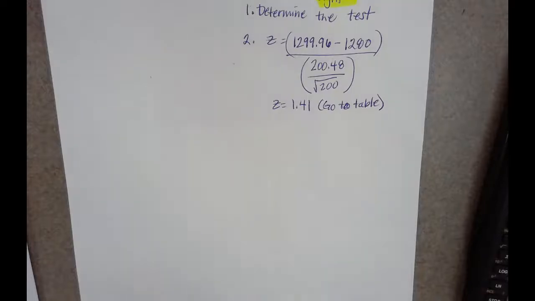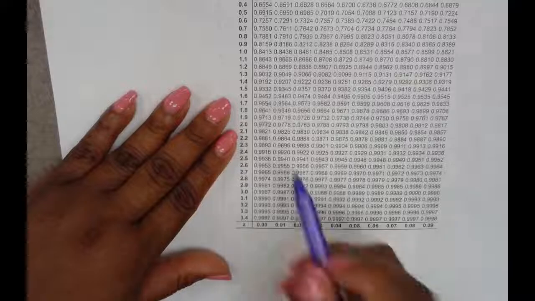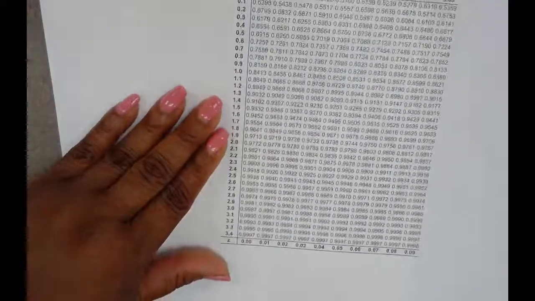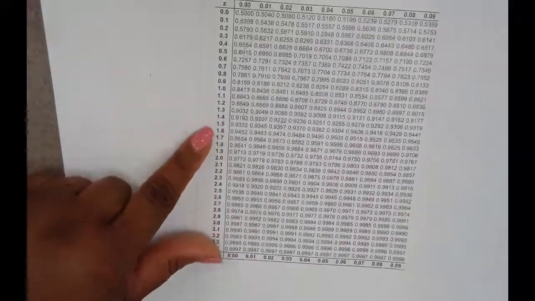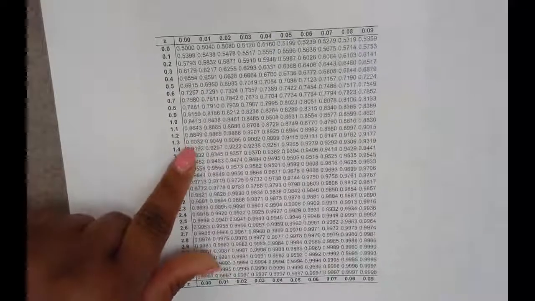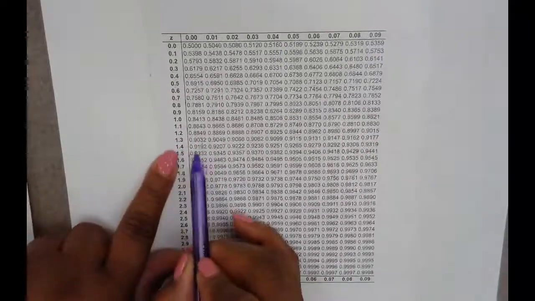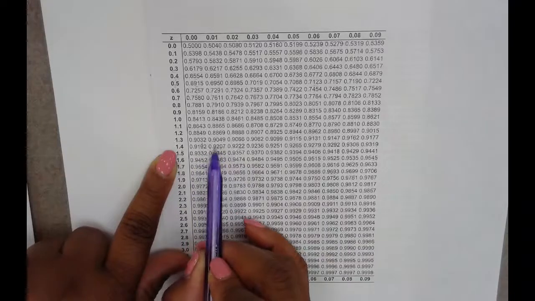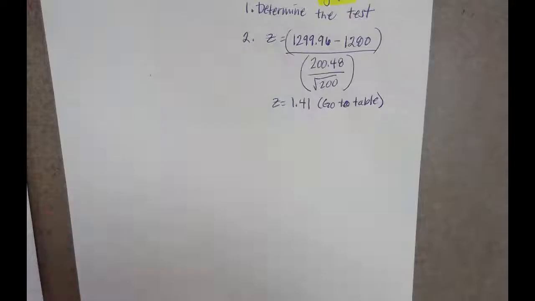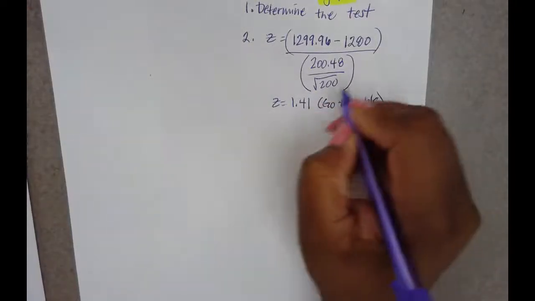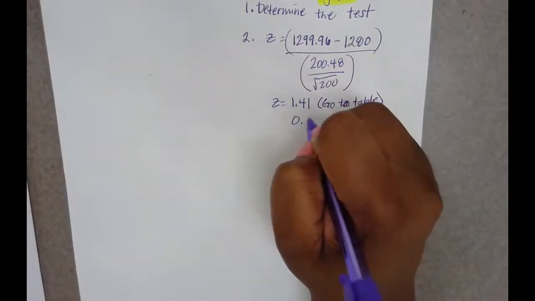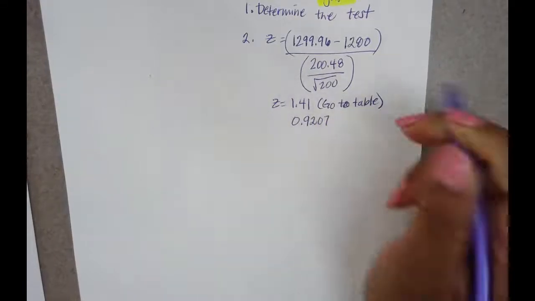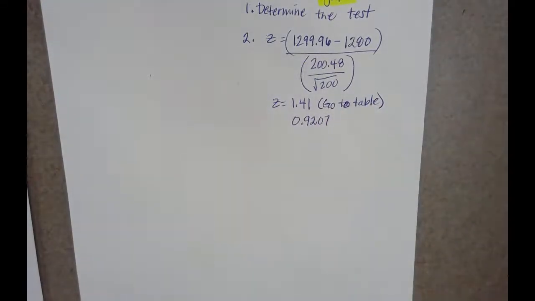It's a positive, so this time we're looking at 1.4. Here's 1.4. That's 1.40, 1.41, 0.9207. 0.9207 is our z-score. Now we have to find the p-value.